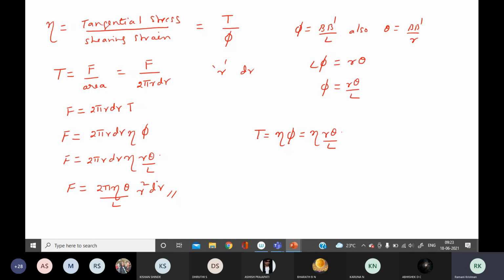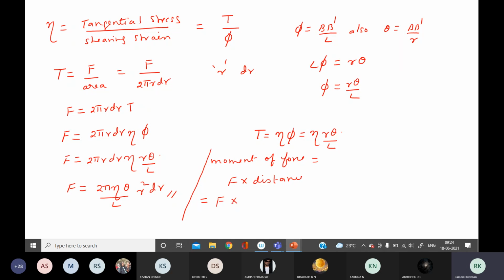What is the moment of this force? That is what we want. Moment of force acting on the cylinder is force into the distance from the axis of rotation for that layer. The force is given.